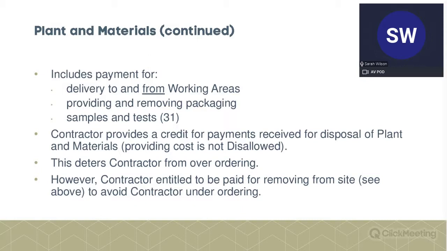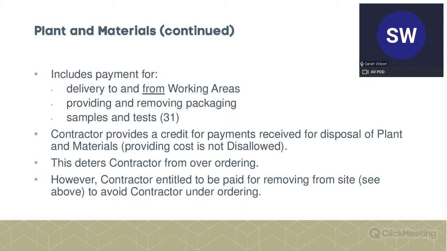Next bullet point, again, as part of these checks and balances to prevent duplication, the contractor is required to provide a credit for any payments received for disposal of plant and materials, providing that cost hasn't been disallowed. Otherwise, that's a double counting.